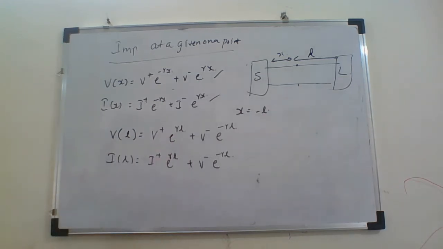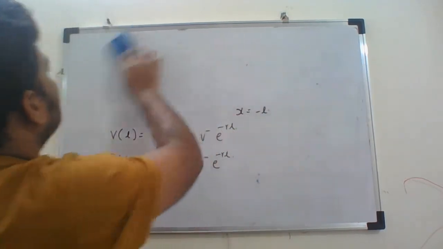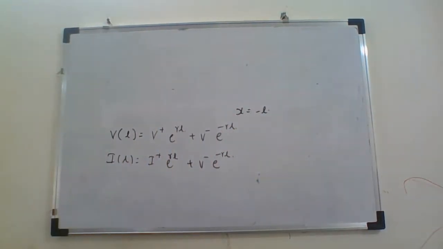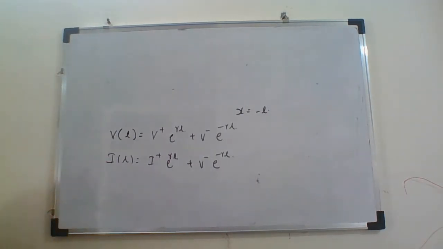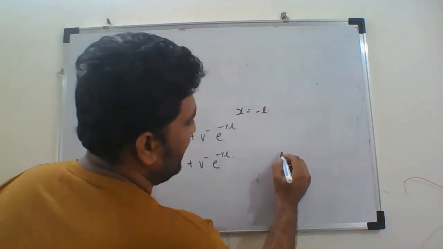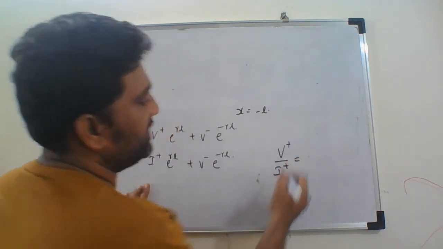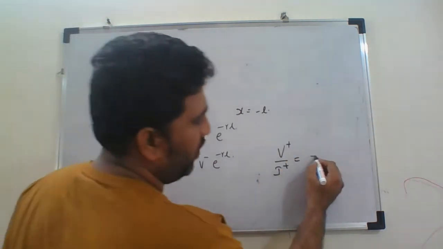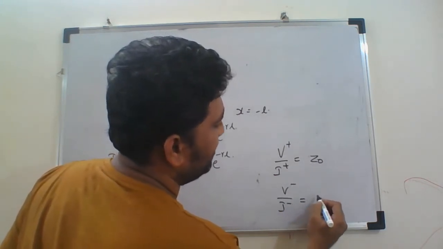Let us use the expression that we used previously. In the previous derivation of the characteristic impedance, we got the expression for V plus by I plus as Z naught and V minus by I minus as minus Z naught.